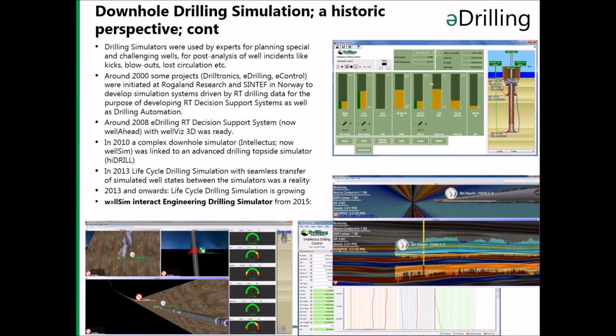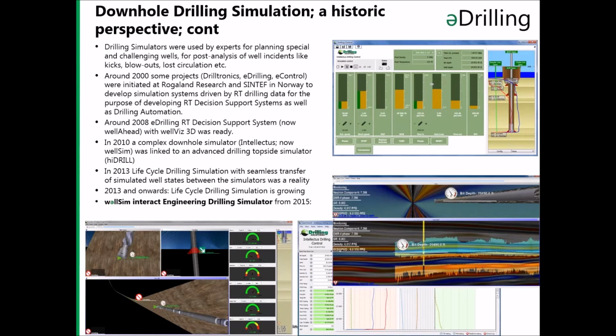In 2010, a new milestone was reached in the downhole simulation story. At that time, the advanced downhole simulator Intellectus was linked to an advanced topside simulator, so that now you could train drilling teams and drillers with feedback from an advanced dynamic simulator representing the real conditions in the well.